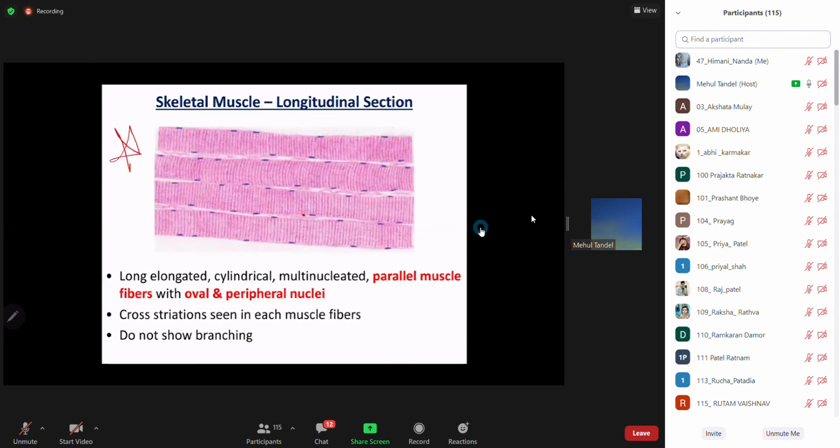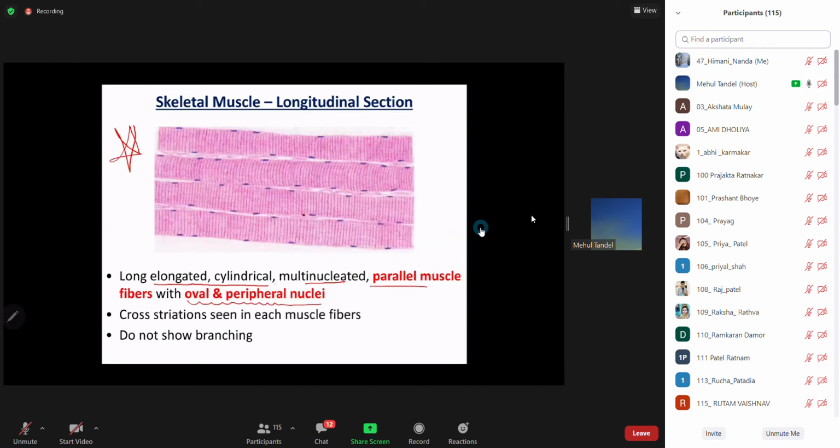Is skeletal muscle also important? Yes, so just remember all these four to five features of skeletal muscle. It is made up of long, elongated, cylindrical, multinucleated, parallel muscle fibers containing oval and peripheral nuclei.